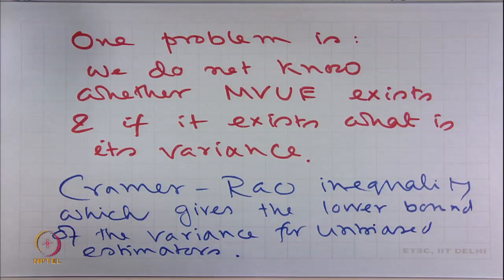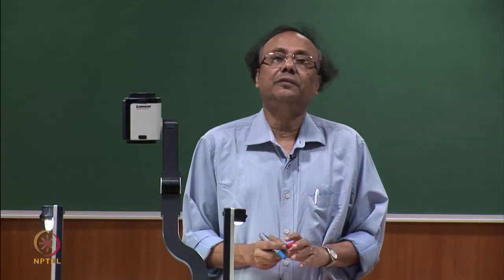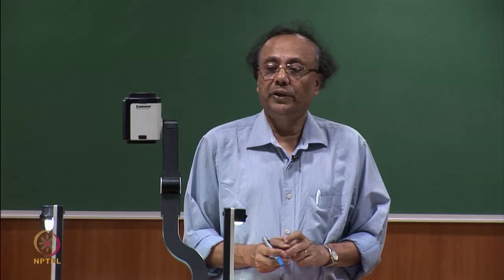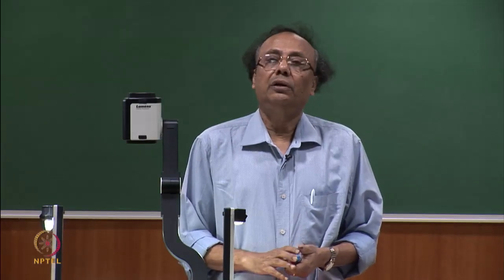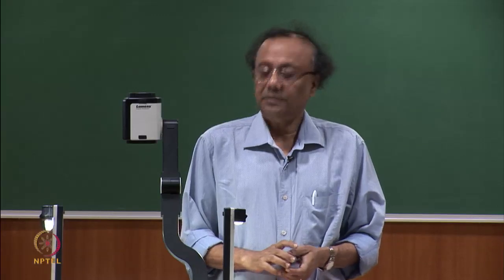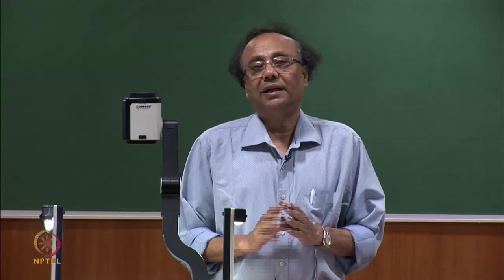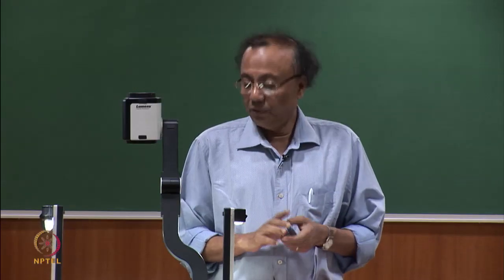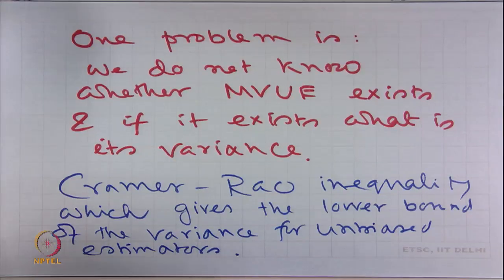This is not for all estimators. There is a class of estimators which observe certain properties which we call regularity, or we say regularity assumption. Under those assumptions, Cramer-Rao inequality gives a lower bound for the variance of the unbiased estimators.